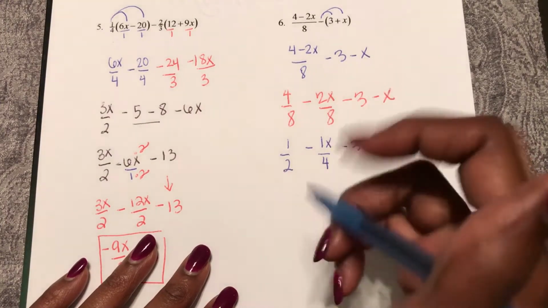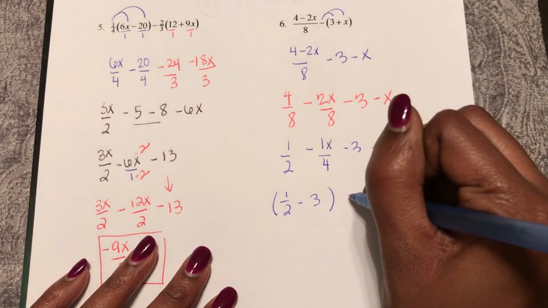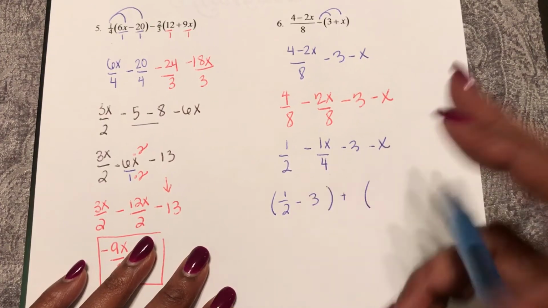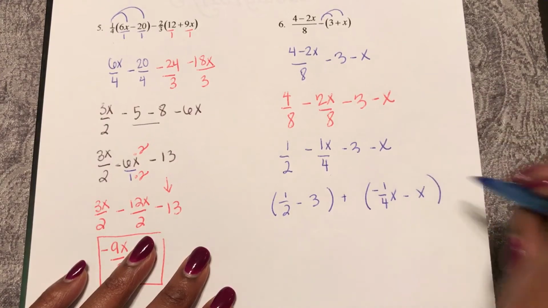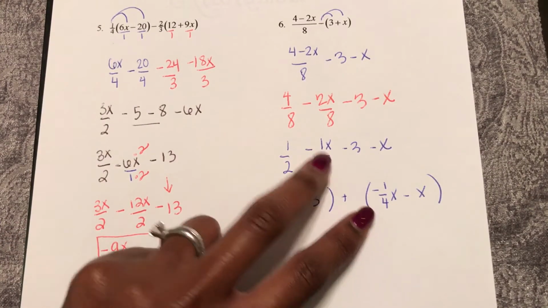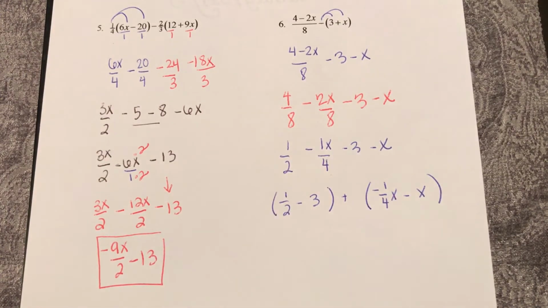So my two like terms, constants, 1/2 minus 3. And then I'm going to have my two terms with an x, negative 1 over 4x minus x. Notice these two are equivalent statements. Either I can put the x in my numerator or on the side of my fraction.